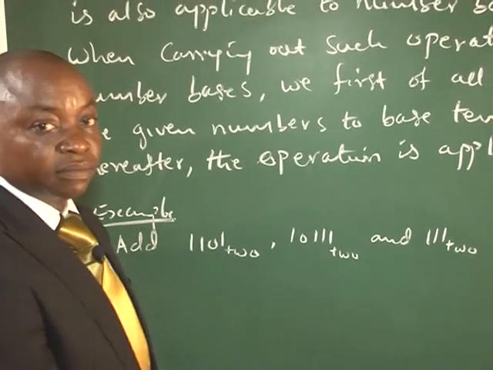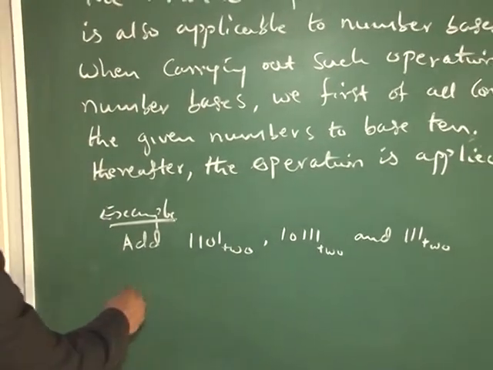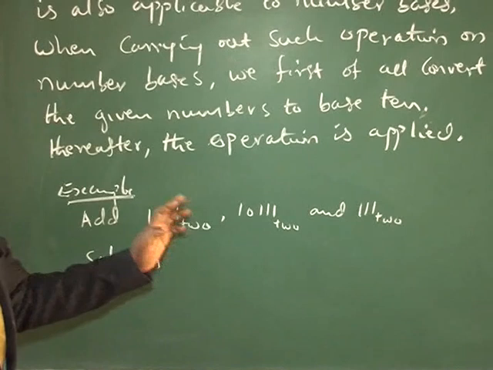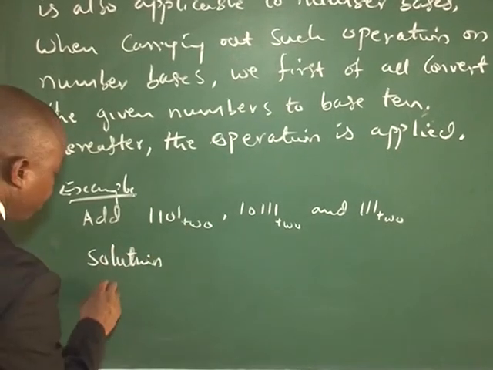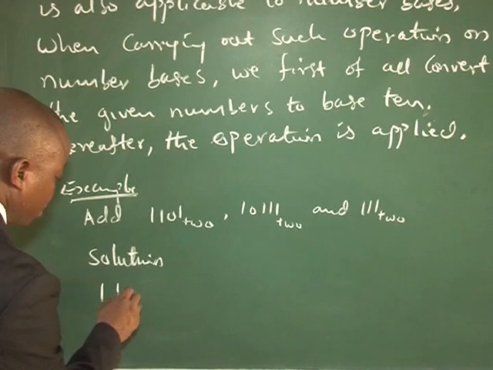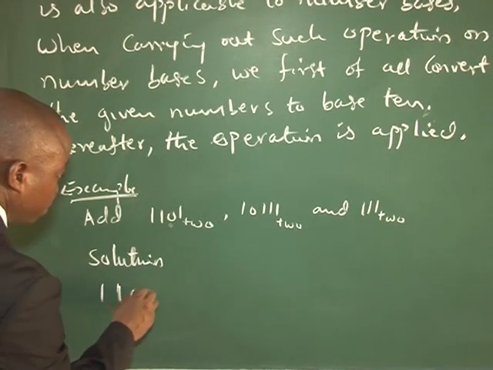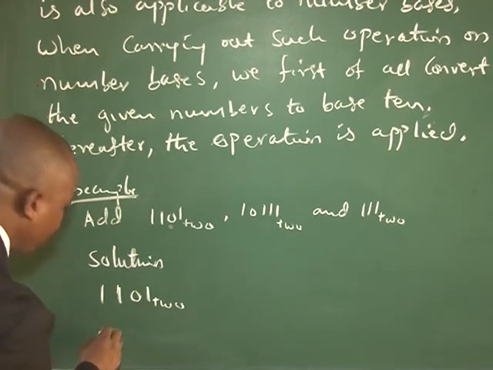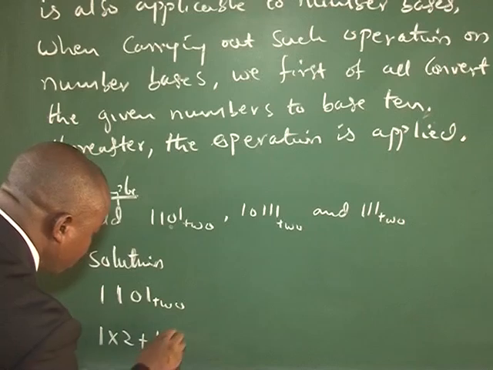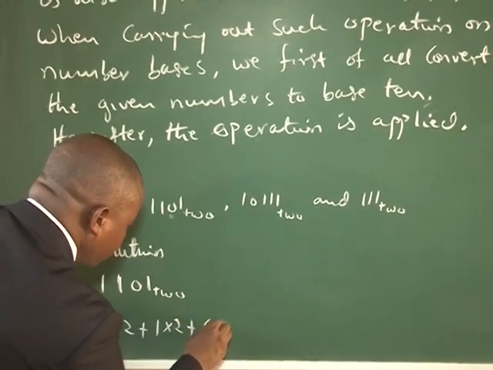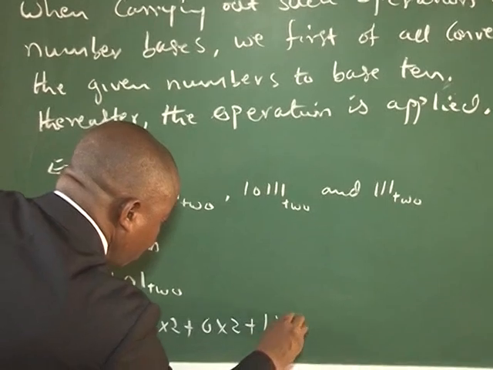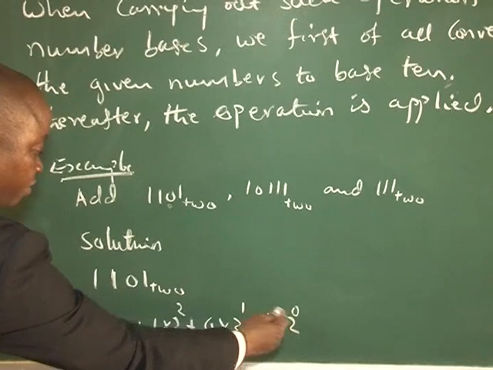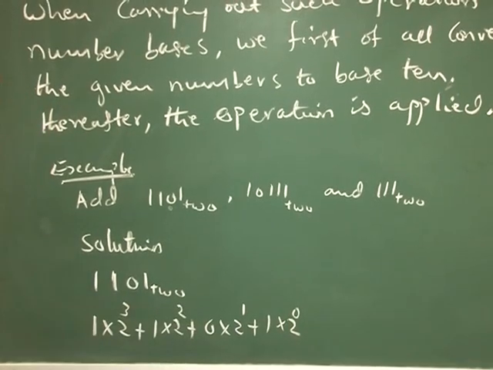We are going to add them. And so we are going to convert each one to base 10. Let's start with this. 1101 in base 2. Converting it to base 10, we have 1 times 2 plus 1 times 2 plus 0 times 2 plus 1 times 2. Then we raise it to powers, starting from 0, from right to left in increasing order.